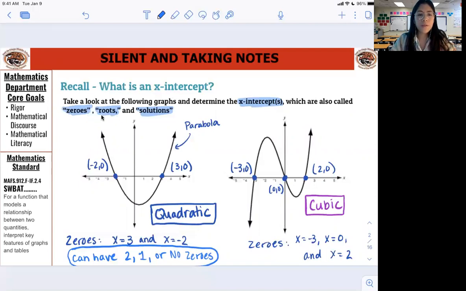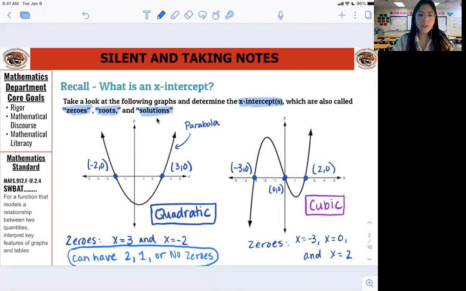We also call them roots because, remind me, what is the exponent that you have for a quadratic function? 2. The exponent of 2, the opposite of that would be to take the square root, right? So we call them roots because if you want to find them, sometimes you're going to have to take the square root. We won't do that yet, but we'll do that in the future.